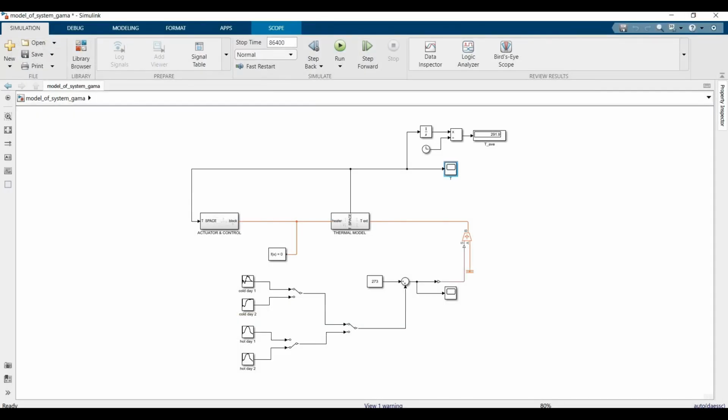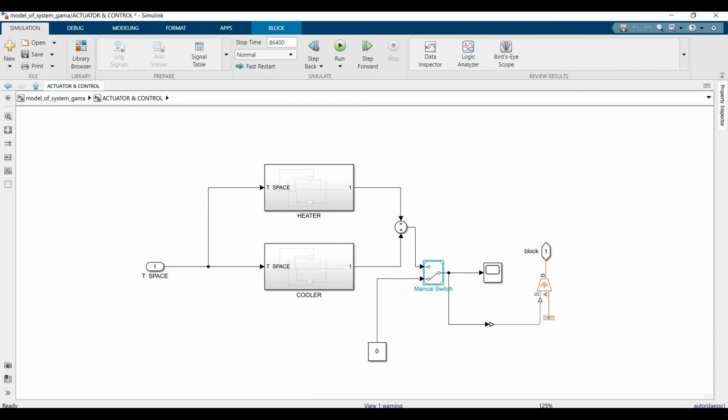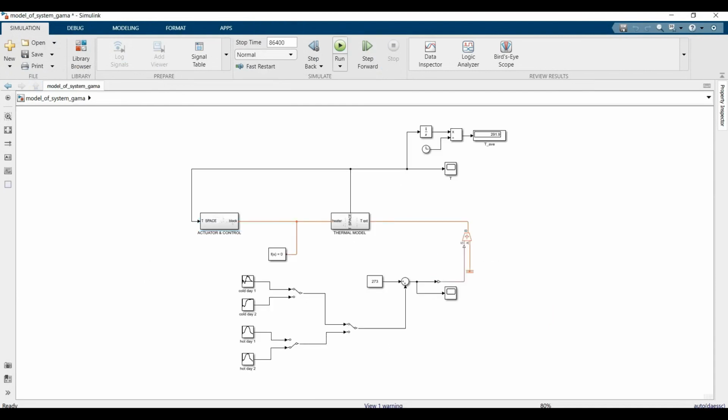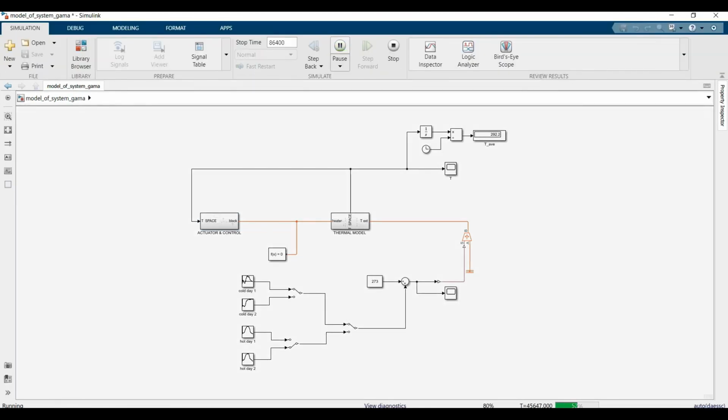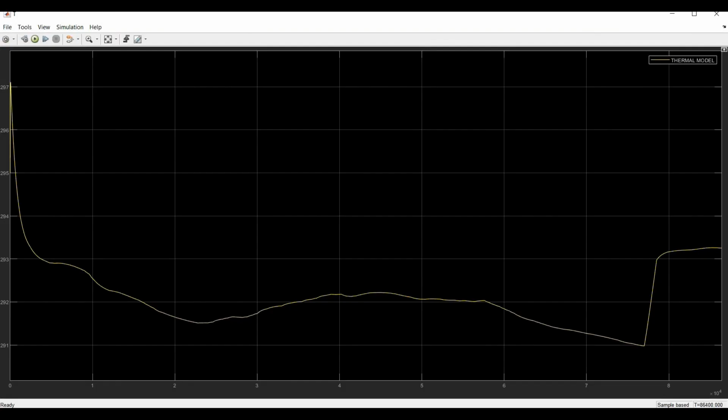Now we consider the actuator and control system and run. As you can see, the temperature average increased a little bit, and it is 292.1, and the temperature variation of the space is like this.